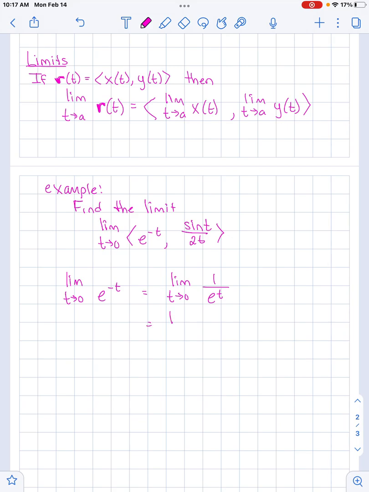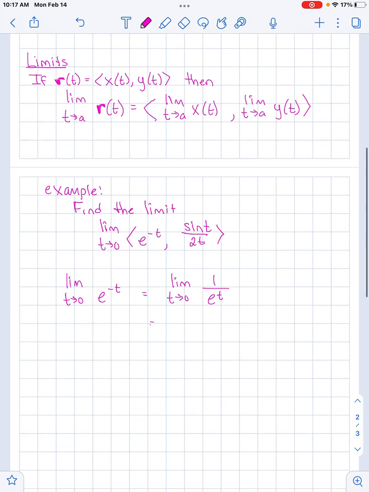As t approaches 0, if we replace t with 0, that makes this e to the 0 power. E to the 0 power is just 1, so this limit is 1 over 1, or just 1.